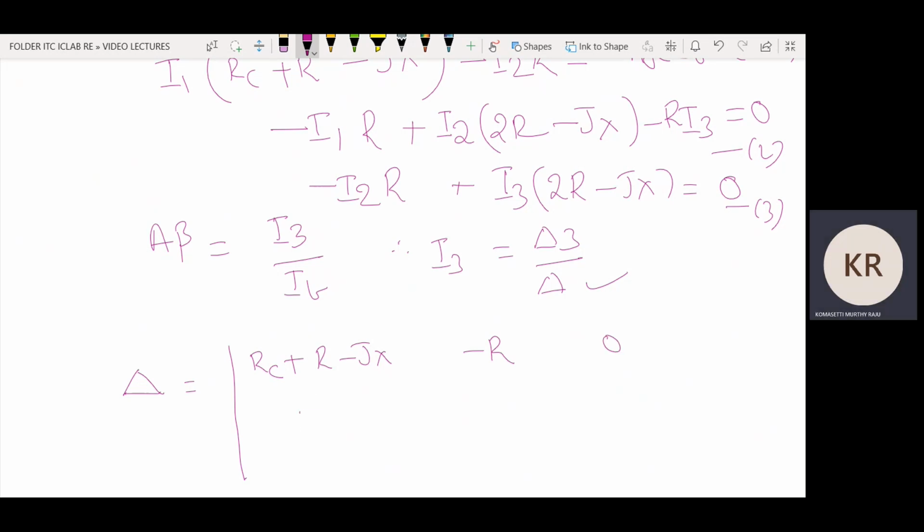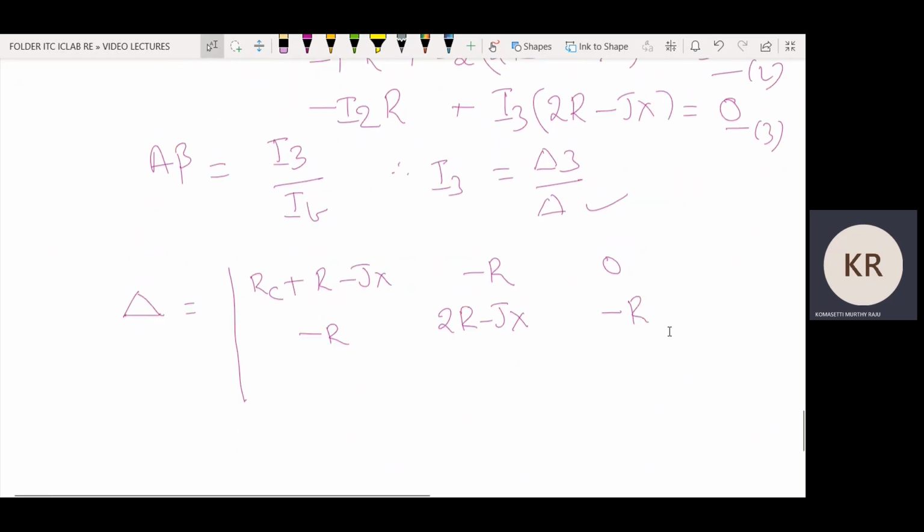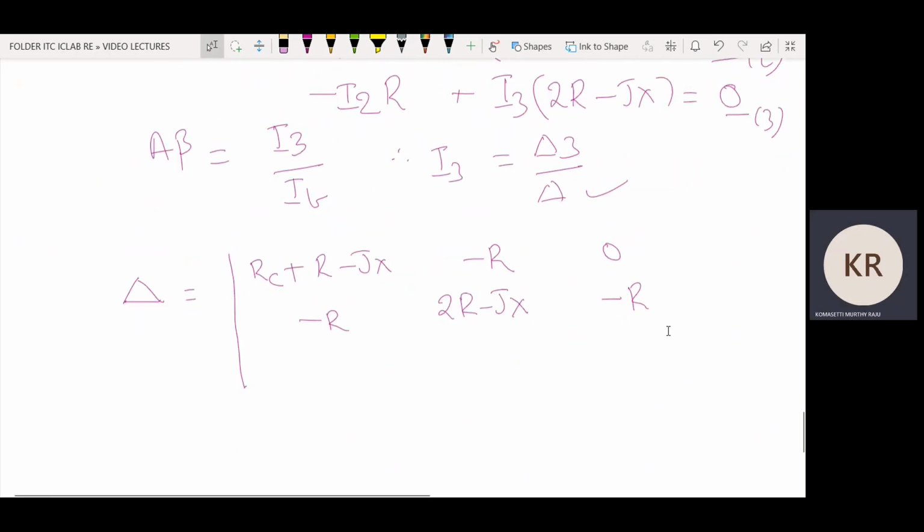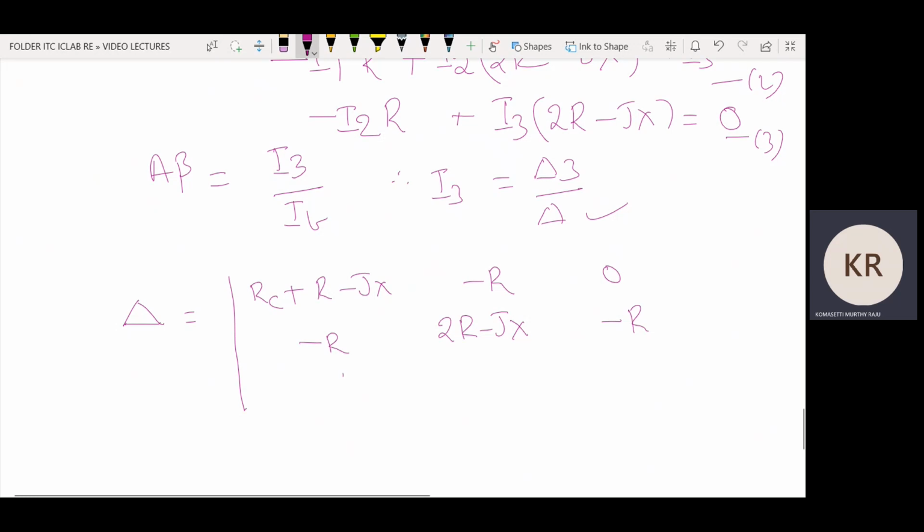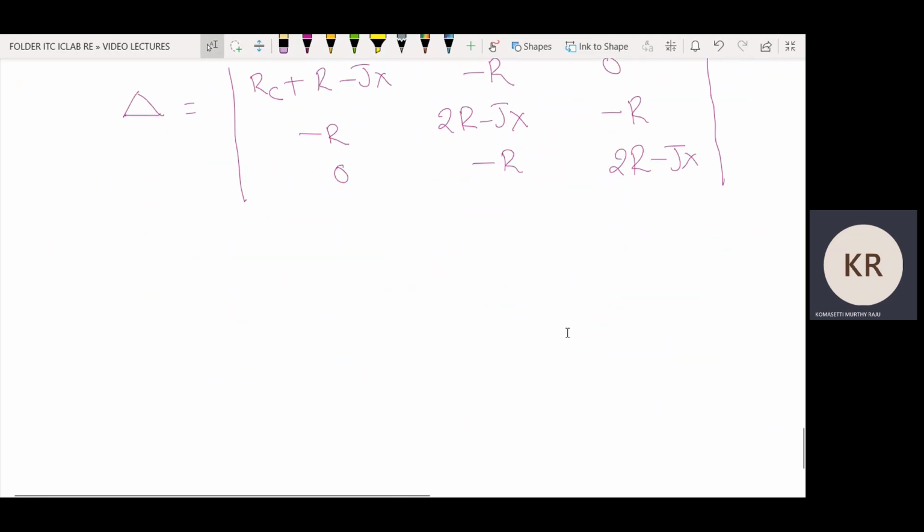Second loop equation: minus R, 2R minus jX, minus R. Third: the I1 coefficient is 0, minus R, and the last one is 2R minus jX. Calculate that determinant value.